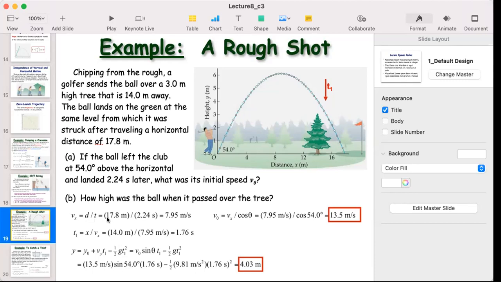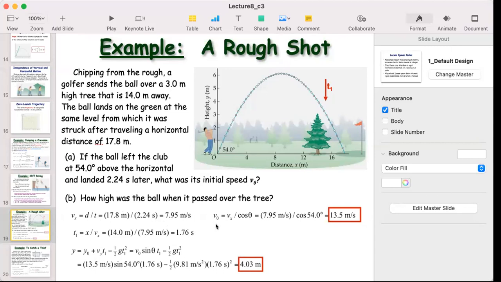Yes, because the horizontal distance is 17.8 meters, and the time from when the ball gets kicked until it gets to the ground again is 2.24 seconds. So I can find that Vx is equal to 7.95 meters per second. Now, this one is V along x.